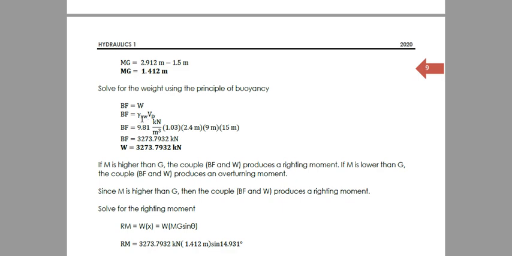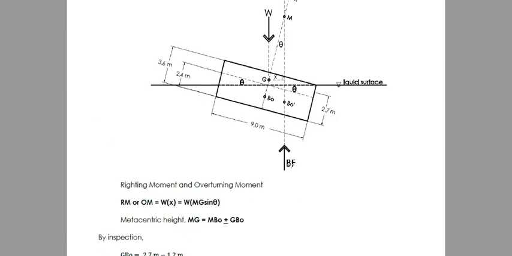The liquid is seawater, with its specific gravity given. The displaced volume is 2.4 times 9 times 15. The volume of the tilted position is also equal to this, because what was removed here is what was added here. So the volume when upright is equal to the volume when tilted.